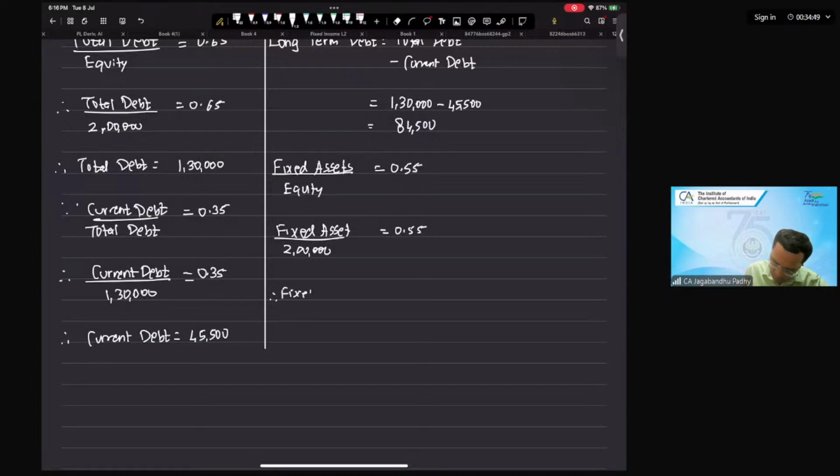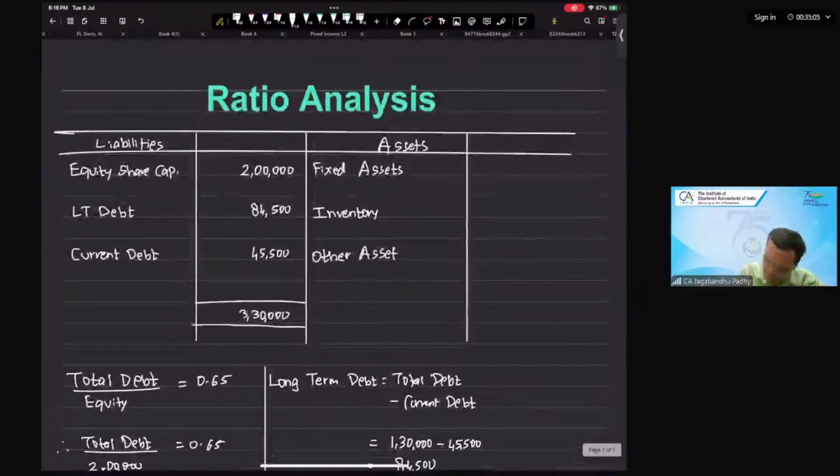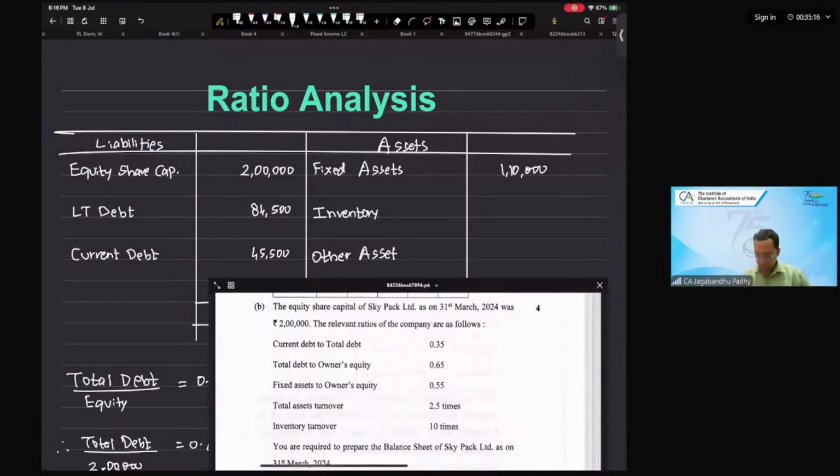You get the fixed asset value equal to 1 lakh 10,000. Fixed asset works out to be 1 lakh 10,000.